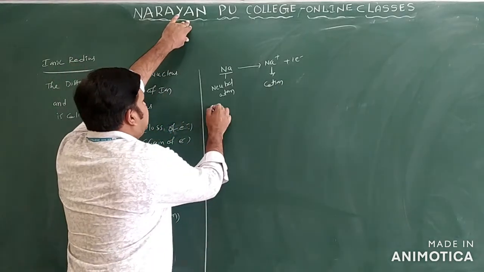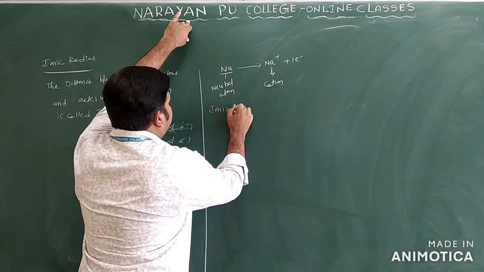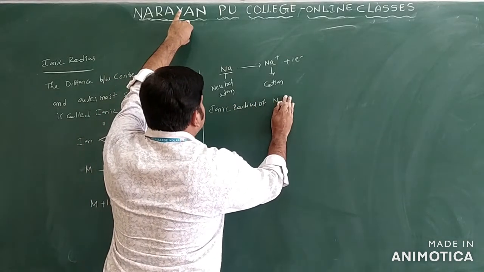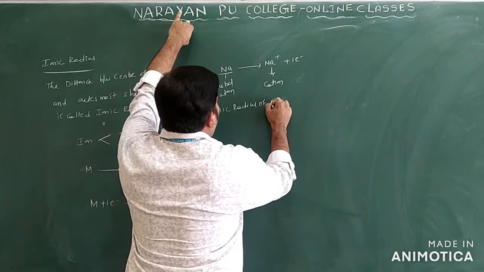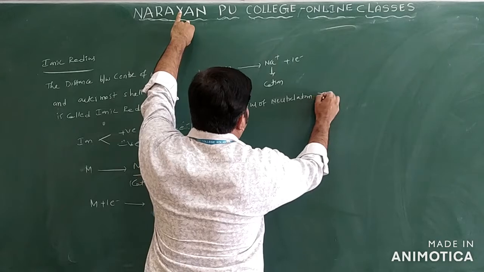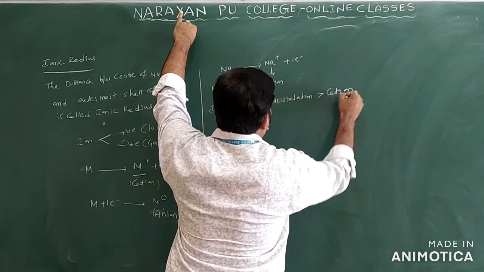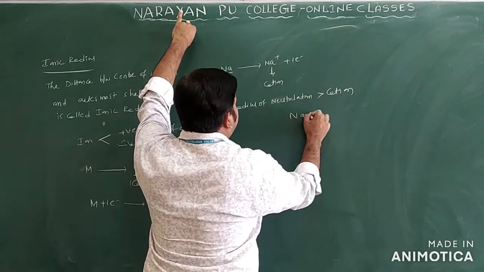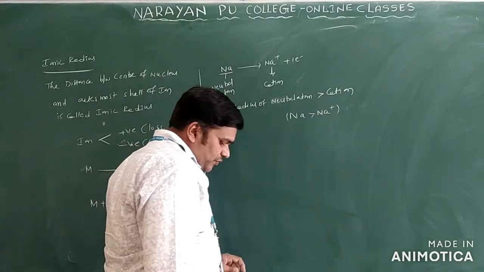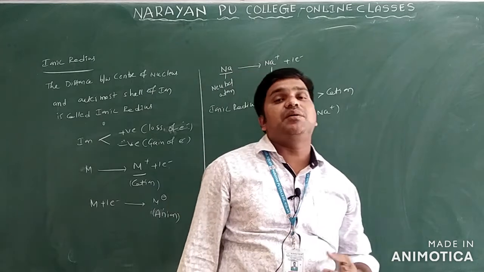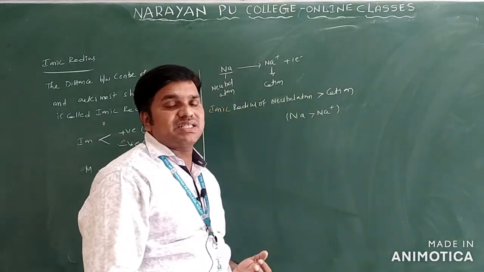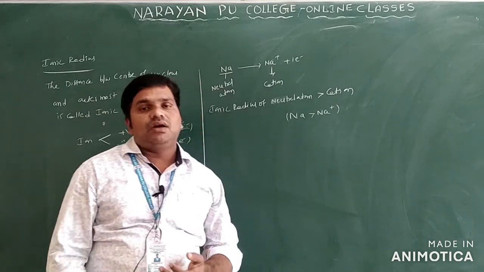I will write the ionic radius of a neutral atom is greater than the cation. Na is greater than Na plus. Why is the size of sodium greater than Na plus? The ionic radius of the neutral atom is greater than the cation. Why did this happen?